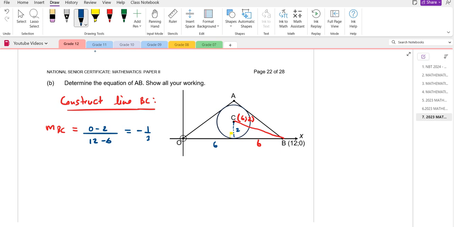Let's label this point here as K. So we know CK is perpendicular to OB because we have a radius perpendicular to the tangent. Now where are we going with this? We want to find the equation of this line. Maybe we need to find some inclination angle. If I find the inclination angle here, that's not going to be helpful.